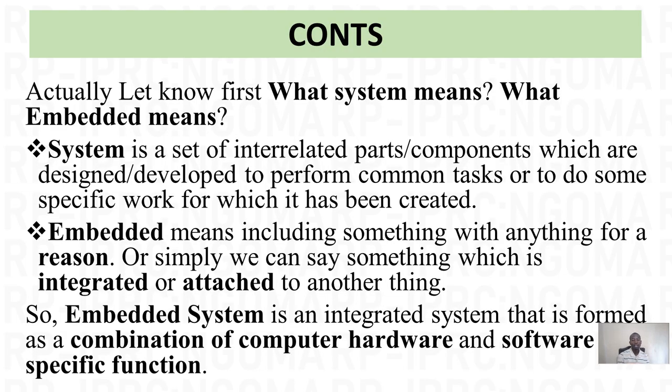What do we mean by system? A system is a set of interrelated parts or components which are designed to perform a common task or to do some specific work for which it has been created.